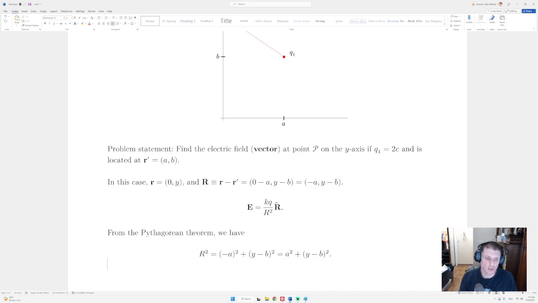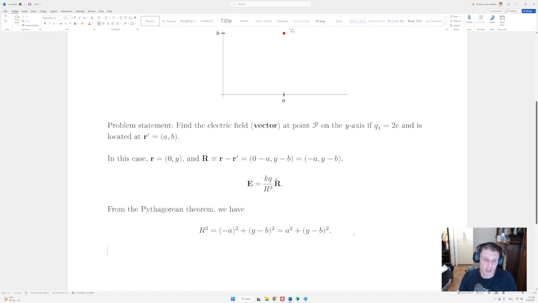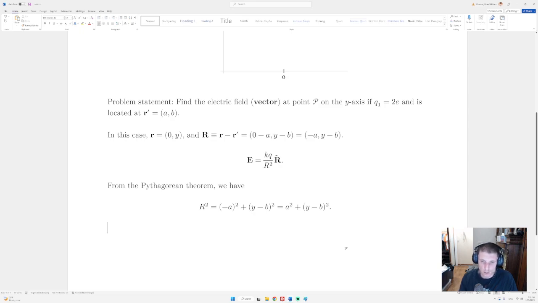Now, r hat is a little trickier, and I'm going to go on a little bit of a tangent here about vectors and unit vectors, because this is important and definitely one of the things that Dr. Hong wants to stress this semester, which is the math. So we're going to talk about this a bit.